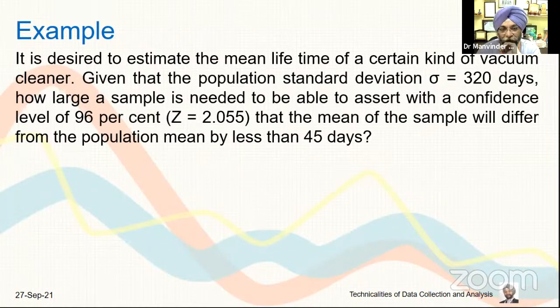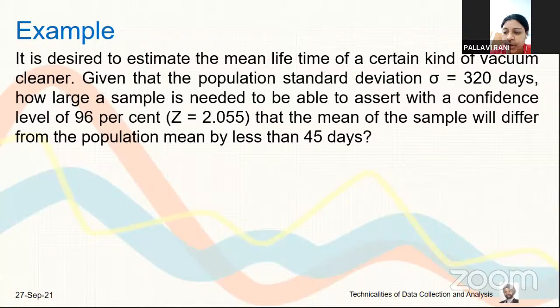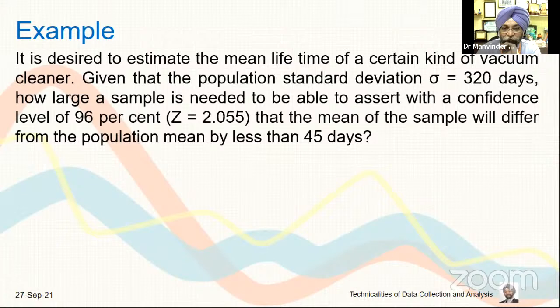Yes, I have started receiving answers on your chat box. Richa Singh ji has already told 213. Shefali madam also, 213. Yes, sir, 213.54. So Richa Singh ji, can you please come online? And Simran madam also.